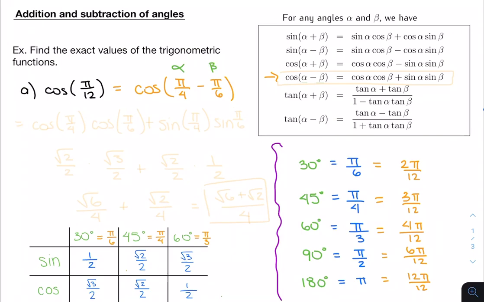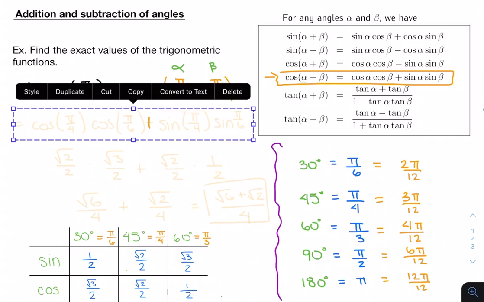So let's use this and plug everything in. If we plug our alpha and beta into this formula, then we're going to have that this is equal to cosine of our alpha, which is pi over 4, times cosine of pi over 6, plus sine of pi over 4 times sine of pi over 6.